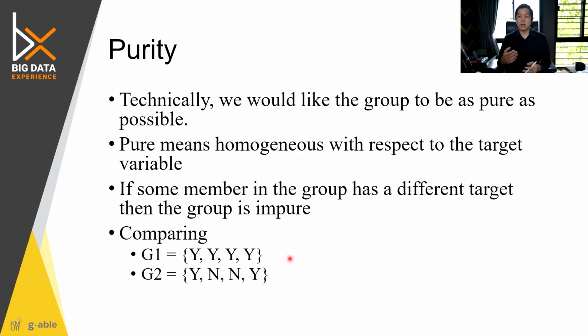You would conclude that this is the yes group because all the individuals have the yes label. But for G2, this would be difficult because you have 50% yes and 50% no. So the purity refers to the mixture, the homogeneity of the group.